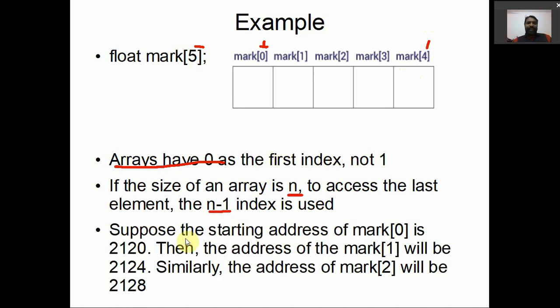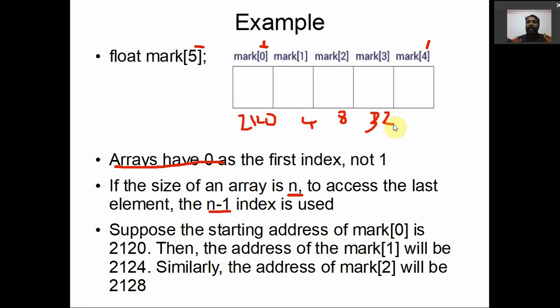So this is the example for the contiguous allocation. For example, if the starting address of mark of 0 is location 2120, and if the compiler uses 4 bytes, then mark of 1 will be at 2124 and this will be at 2128, 2132, like that it will go on.